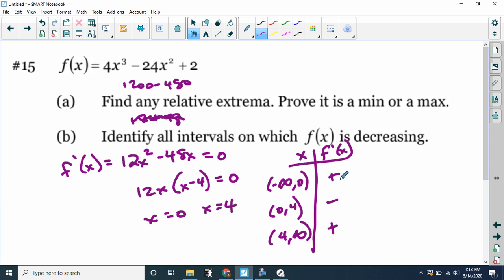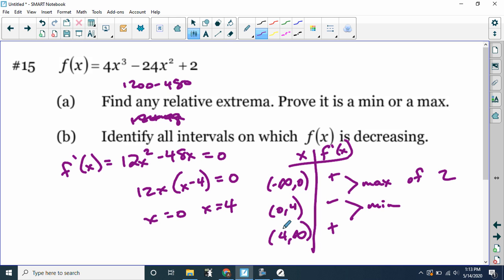So anytime the first derivative changes from positive to negative, that shows we have a maximum. Anytime it changes from negative to positive, that proves we have a minimum. So we have a maximum at x equals 0. To get the y value, you want to take 0 and plug it back into the original equation. So we have a relative maximum value of 2.